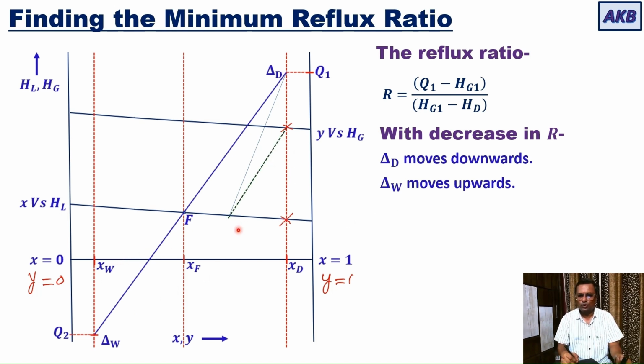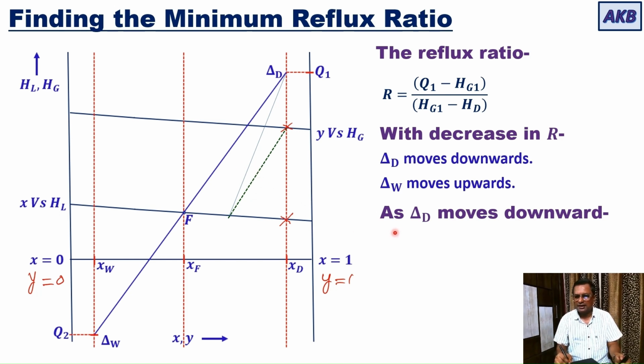And we know how the stages and the tie lines are drawn. For your understanding, I am showing this blue line as the construction line and this dashed green line as the tie line, which is nothing but the equilibrium stage. Now, let us understand what happens to these lines as delta D moves downwards, which is happening when you are decreasing the reflux ratio.